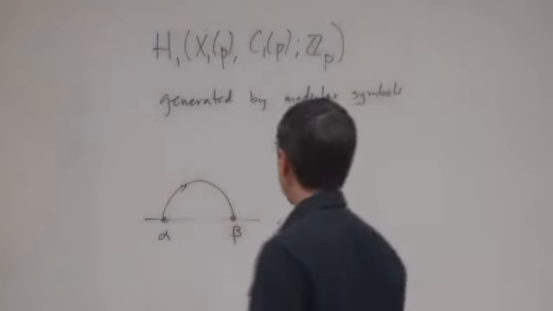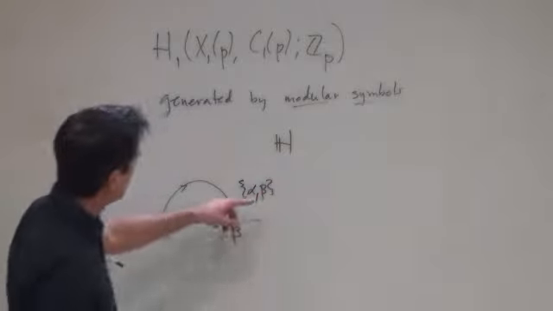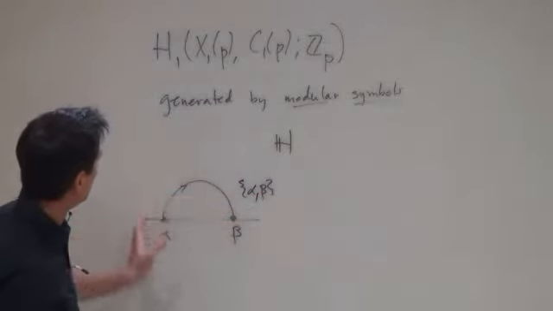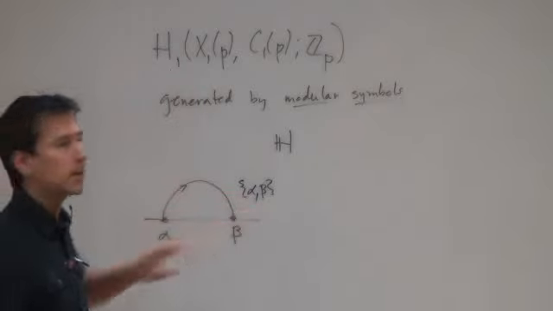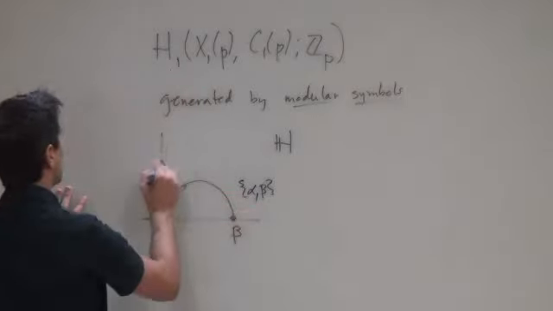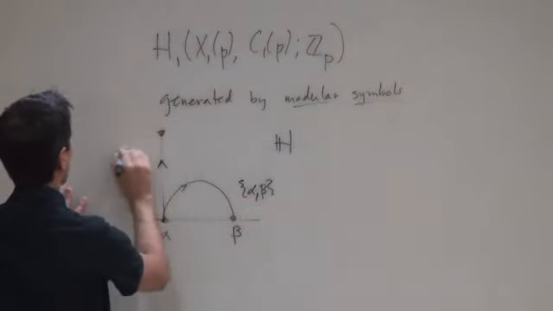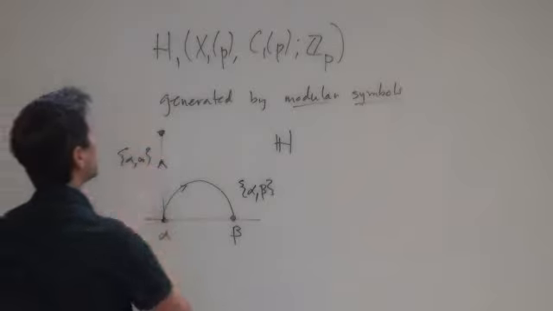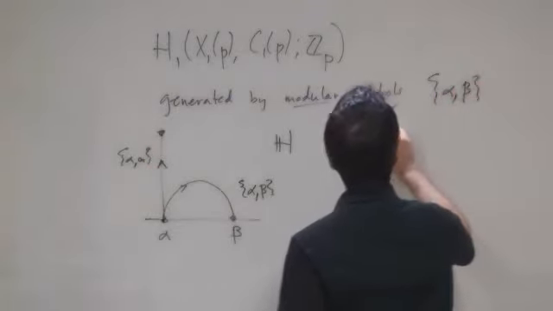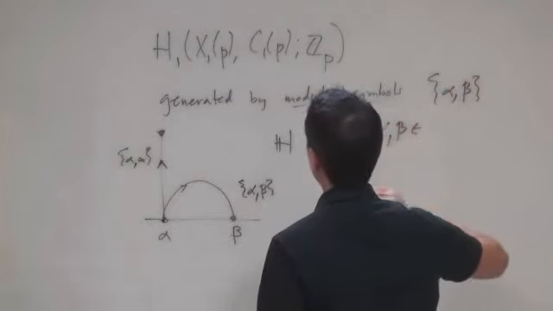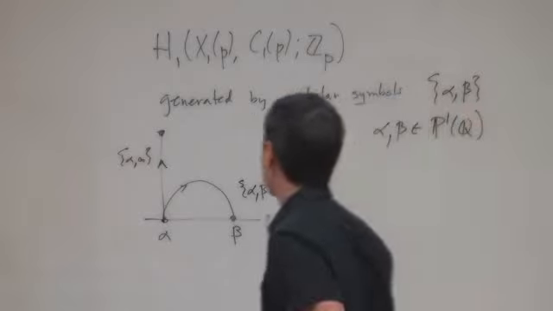You take the image of that path inside this group, and that's called {alpha, beta}. We can also do this with infinity; you just imagine a line going out to infinity. So it's generated by modular symbols {alpha, beta}, where alpha and beta are in P1Q.